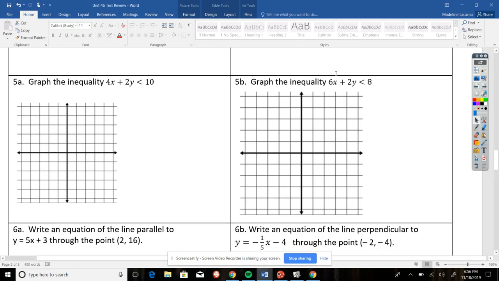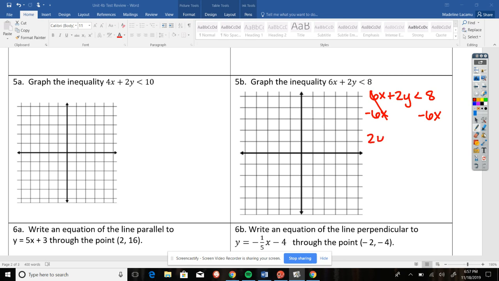5b says graph the inequality 6x minus 2y is less than 8. So I'm going to do this one two different ways. The first way I'm going to do it is by solving for y. So if I have 6x minus 2y is less than 8, to solve for y, the first thing I have to get rid of is the 6x. So minus 6x on both sides.